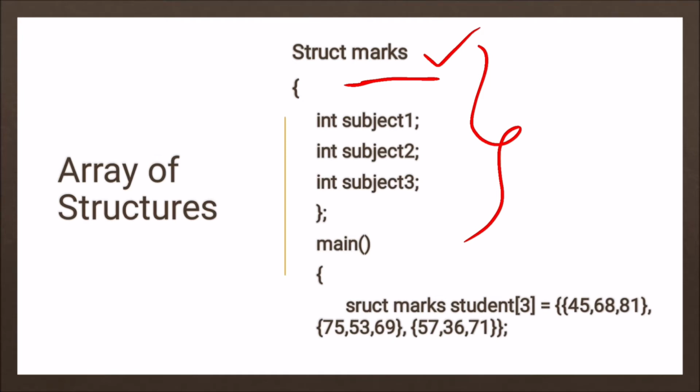So marks of student 1 of subject 1 is 45. Marks of student 1 of subject 2 will be initialized 68, and marks of student 1 subject 3 will be initialized by 81. Likewise for student 2 and student 3.